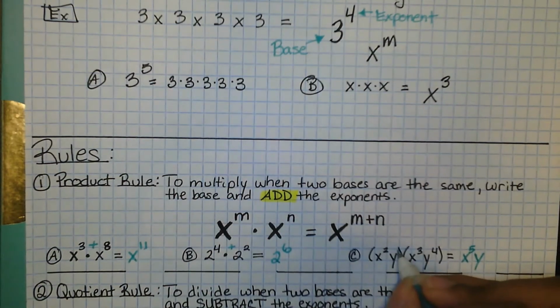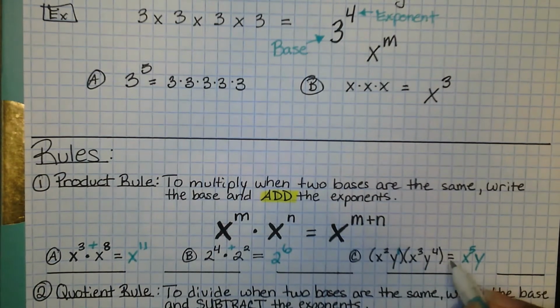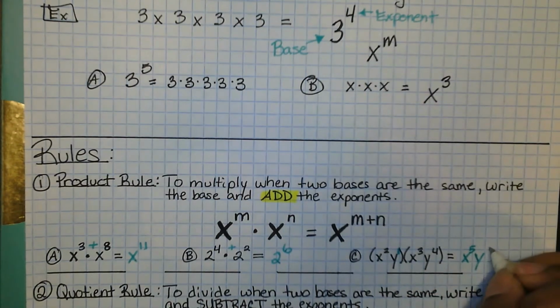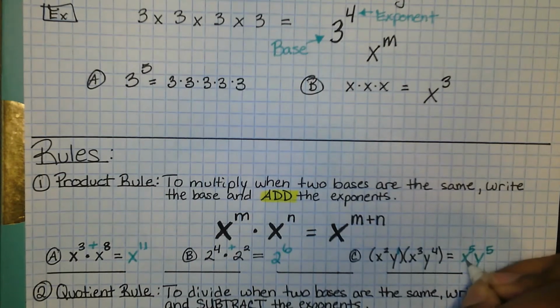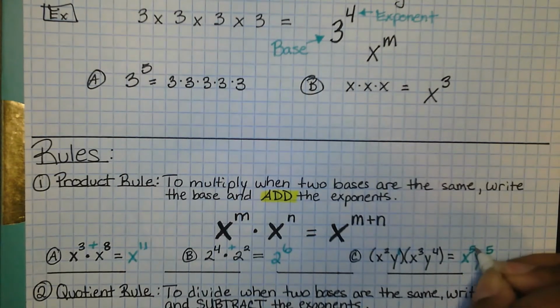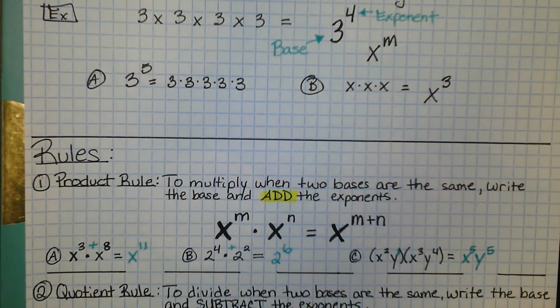This y has an exponent of 1, and this y has an exponent of 4. So 1 plus 4 makes 5. So the answer for this one will be x to the 5th, y to the 5th. So product rule, you keep the base and add the exponents.